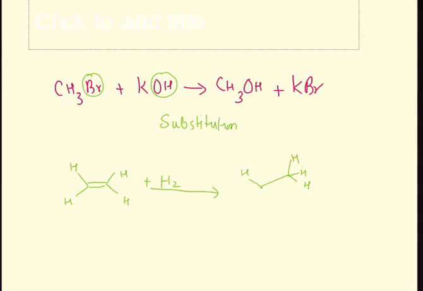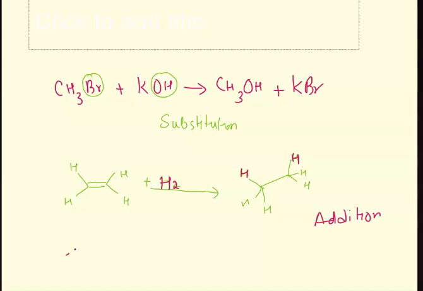So we have the hydrogen atoms attached to this carbon atom. Maybe we can put some color here, so we can put this as H2 and say the two hydrogens are attached here. So what we have seen is that the double bond opens up and you add the two hydrogens to it. So this is an example of an addition reaction.